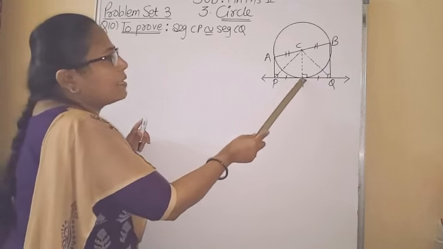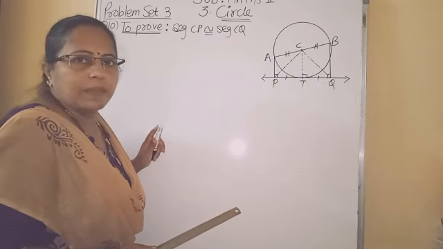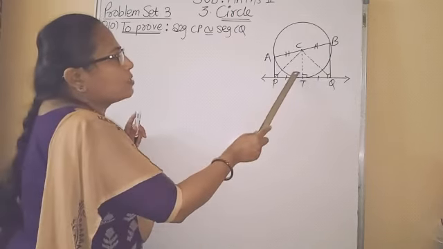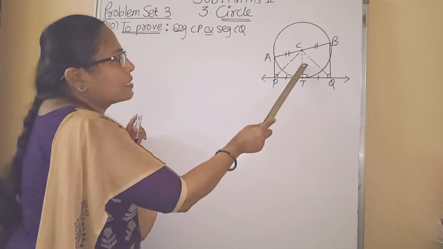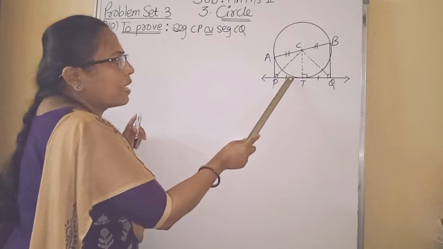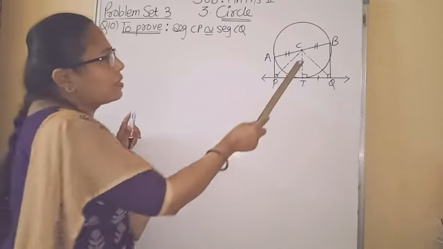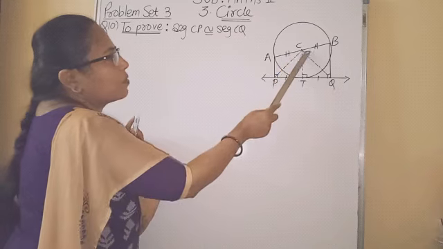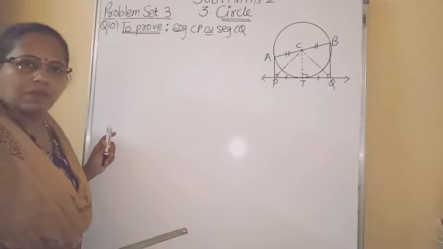And PT congruent to TQ, just now we proved using intercept made by three parallel lines. So these two triangles we got congruent by SAS test, and therefore their corresponding sides are also congruent. Therefore CP is congruent to CQ. This way we prove. Followed?